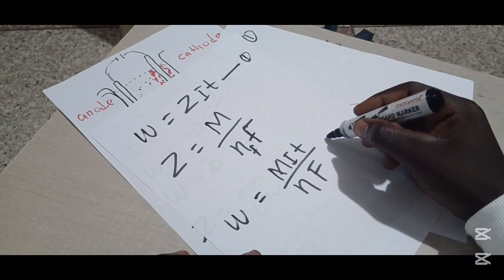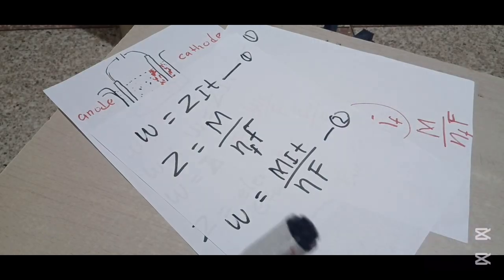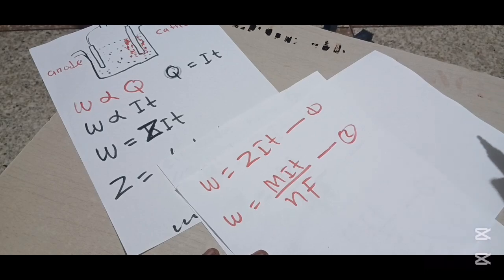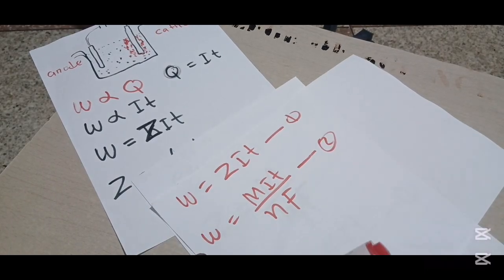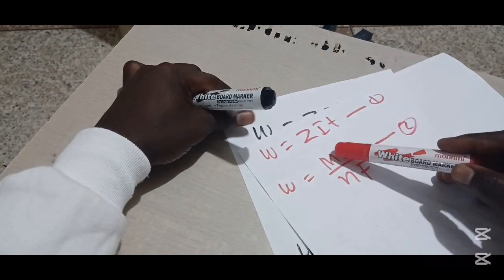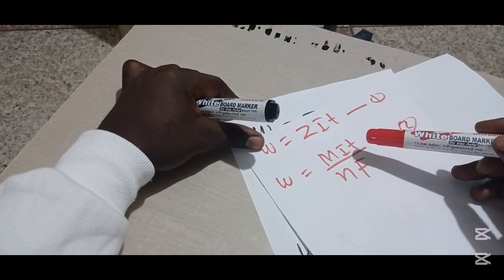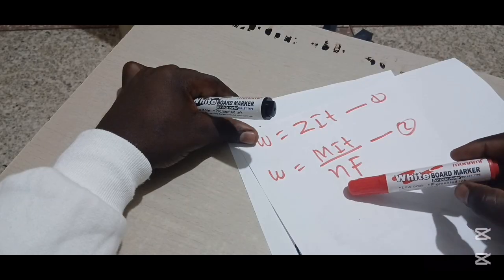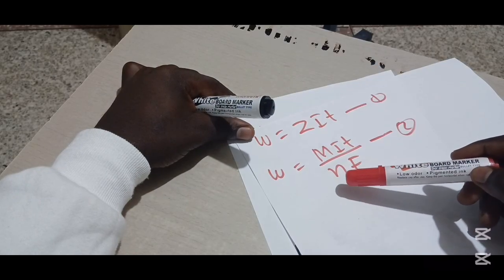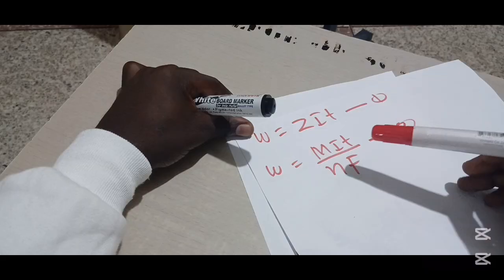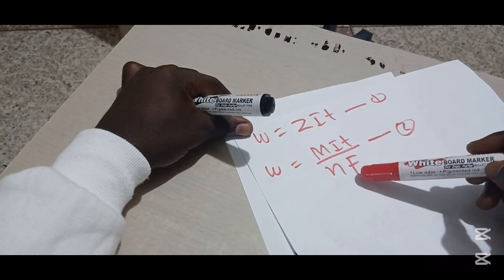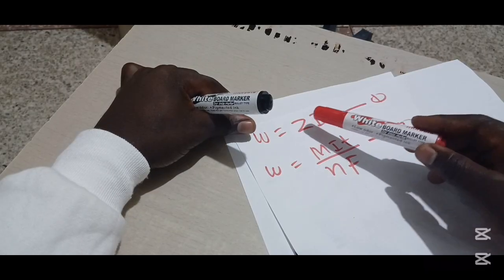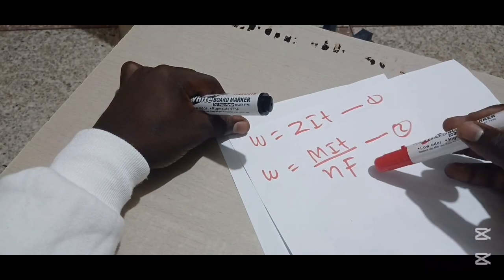So these are our two equations that we've derived so far from Faraday's first law of electrolysis, where M is the molar mass of the element in concern, n is the n factor. I prefer calling it n factor, or you can also call it the number of charge on the metal ion, F is the Faraday's constant, I is the current and t the time. Z here is our electrochemical equivalent. We'll be needing these formulas.